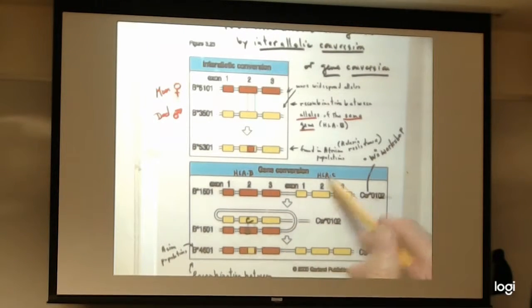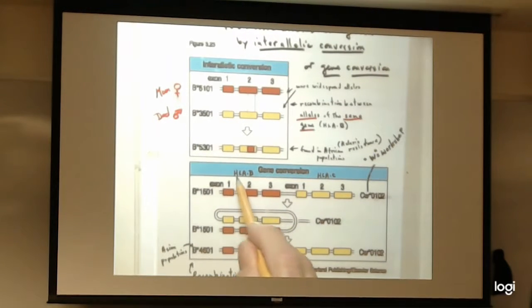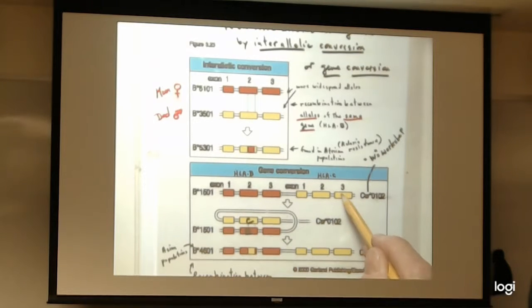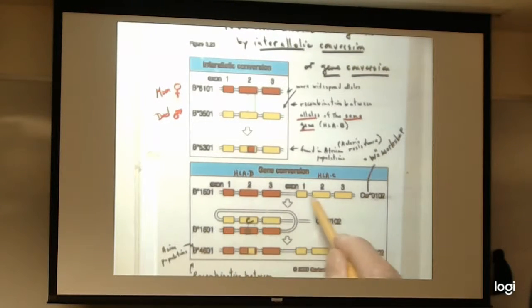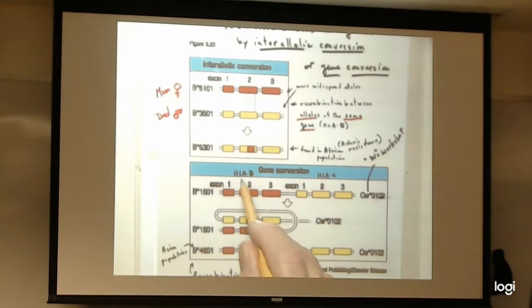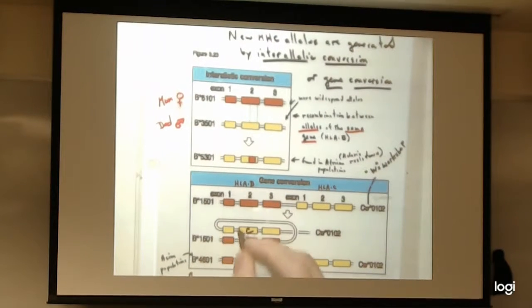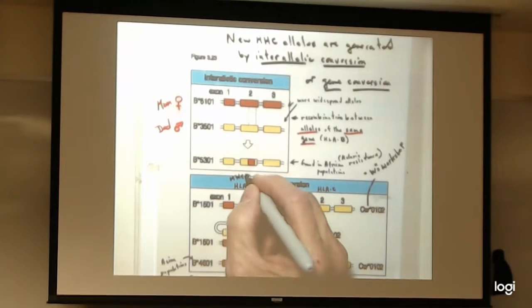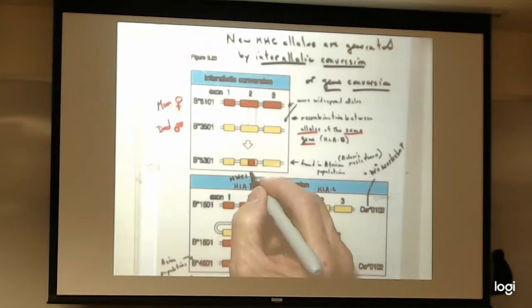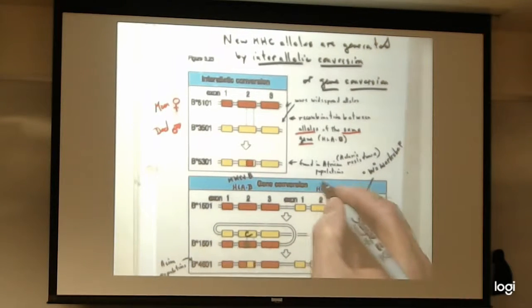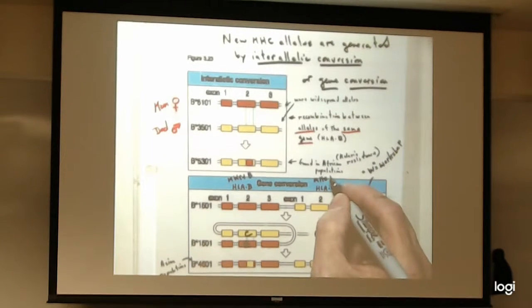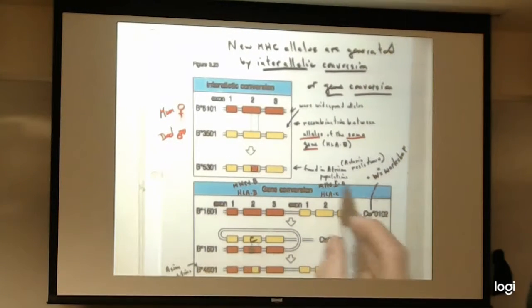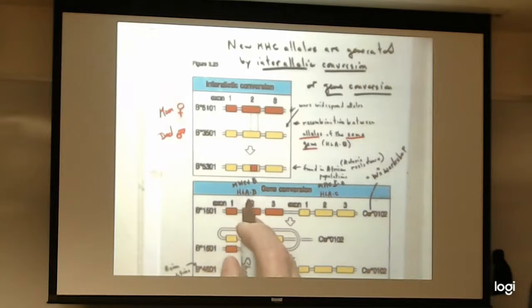So here's the mother chromosome. Here is HLA-B, and then downstream from this, HLA-C. This is MHC1A, and this is MHC1B, and this is the MHC1C gene here. MHC is the same thing as HLA.